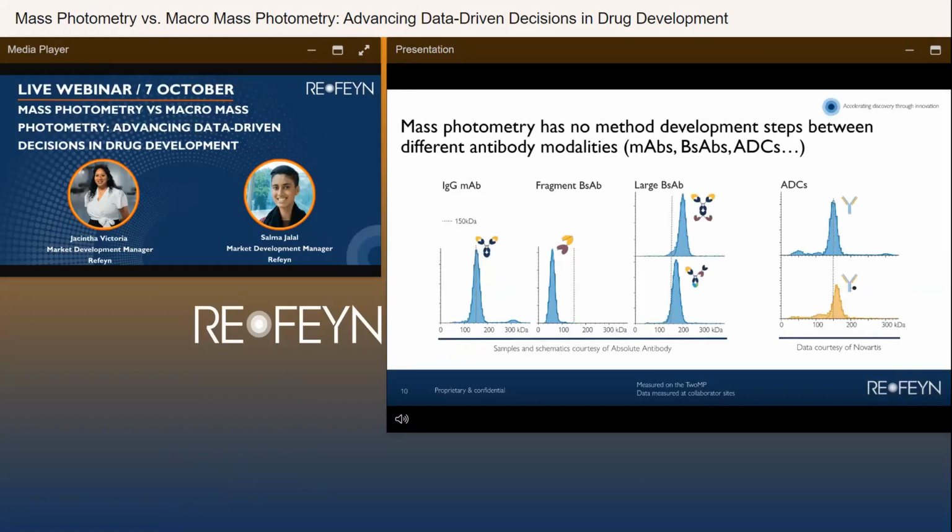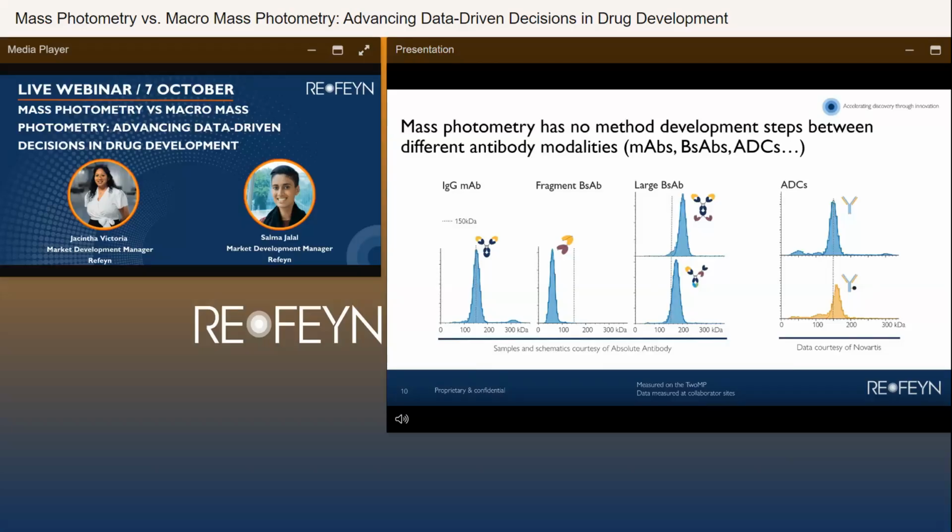So this slide helps demonstrate how MP is also antibody modality agnostic, and it doesn't require any method development steps when you're moving from working with a monoclonal format to a bispecific or an ADC format. You're able to characterize a range of different formats in minutes using nanograms of sample without any method development.